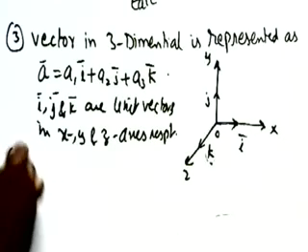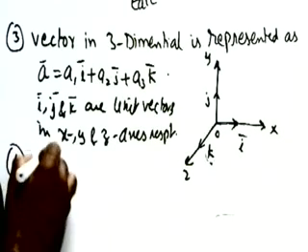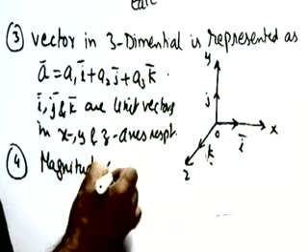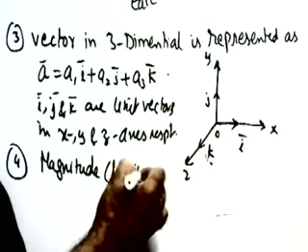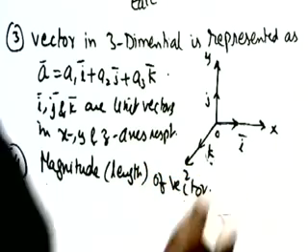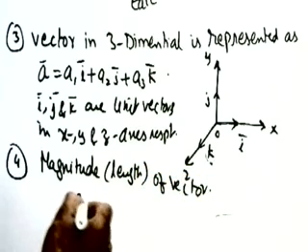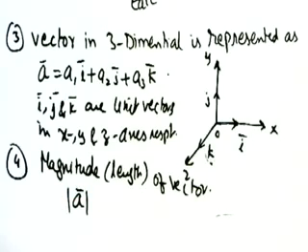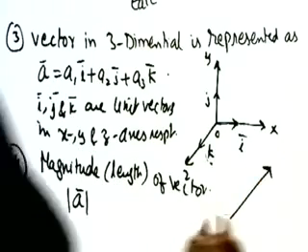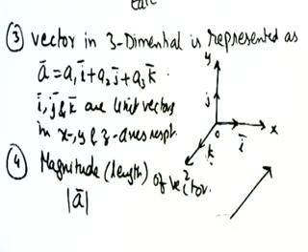So next one is the magnitude of a vector. Magnitude means length of the vector. The magnitude of a vector is denoted by mod A, meaning its length. Suppose this is a vector, and we want to find its magnitude.